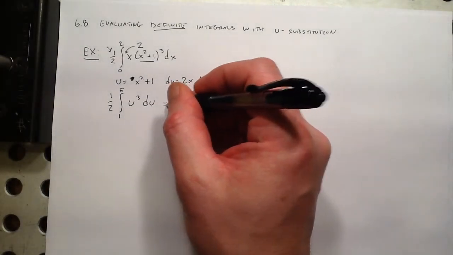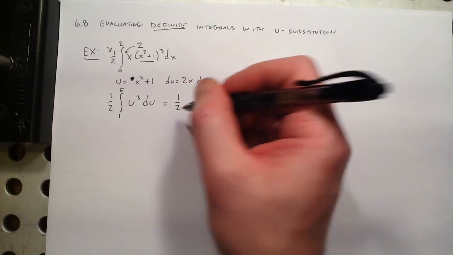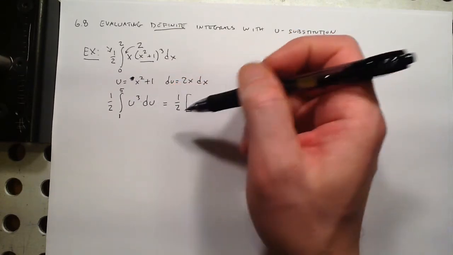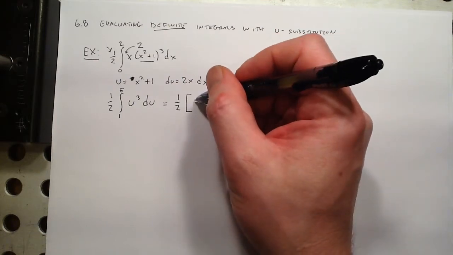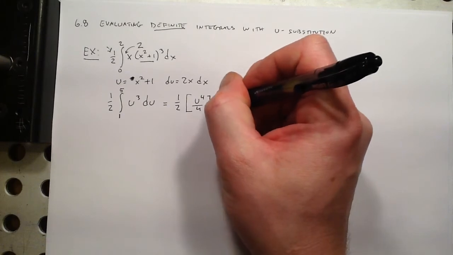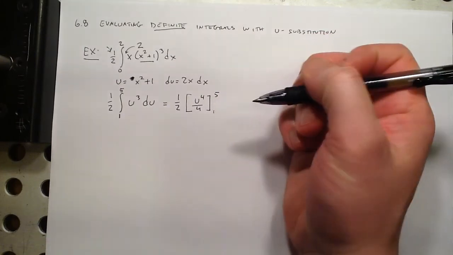And now, that's 1/2 times the antiderivative of u cubed, which is u to the 4th over 4, from 1 to 5.